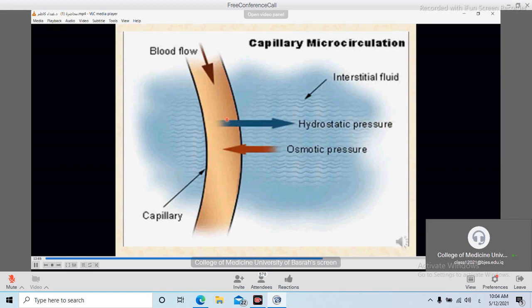Hydrostatic pressure of the blood forces water out across the capillary wall into the connective tissue. إذا hydrostatic pressure هو اللي يساهم بدفع الواتر من خلال الwall of blood vessels إلى connective tissue, while osmotic pressure of the blood returns the water back into the capillary. بينما الأوزموتيك pressure هو اللي يساهم بدفع الواتر من الكونكتيف تيشو إلى blood vessels.